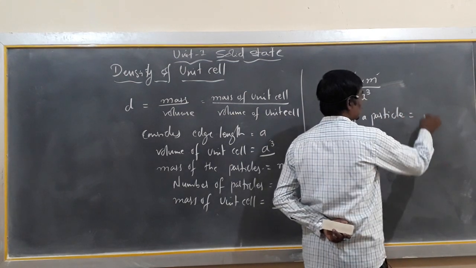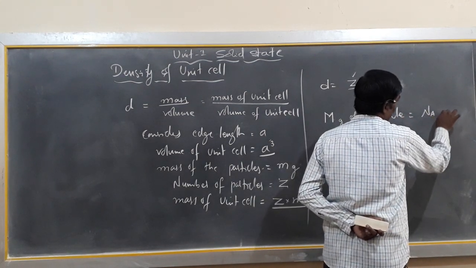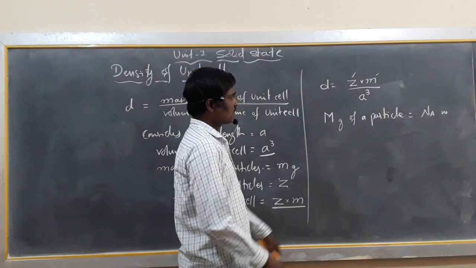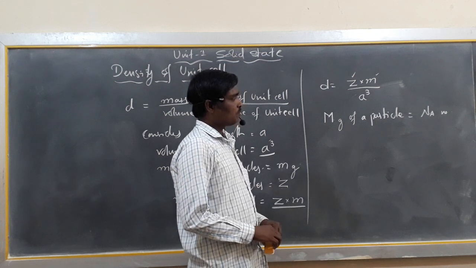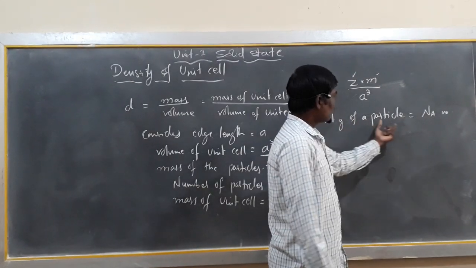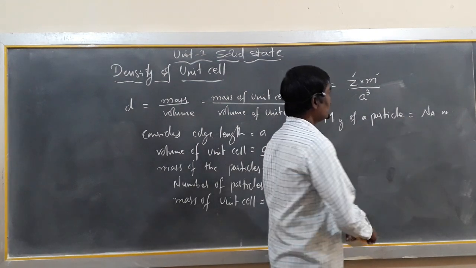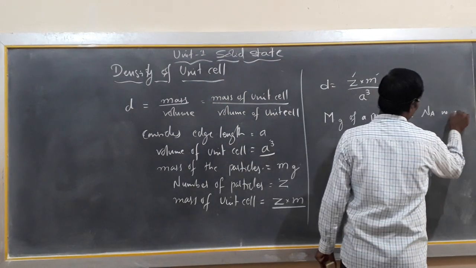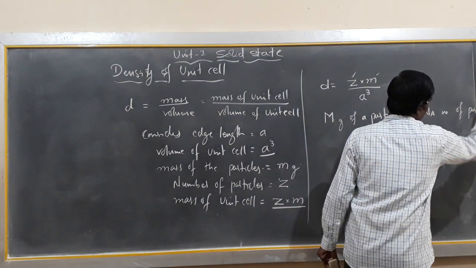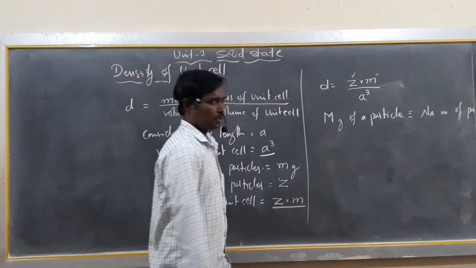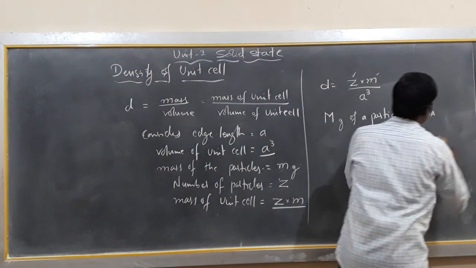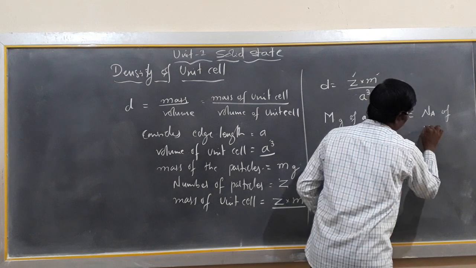So this is the gram molecular mass of a substance, or an atom or a particle, and it contains Avogadro's number of particles. The gram molecular mass of an atom, molecule or ion is equivalent to Avogadro's number, Na, of particles.